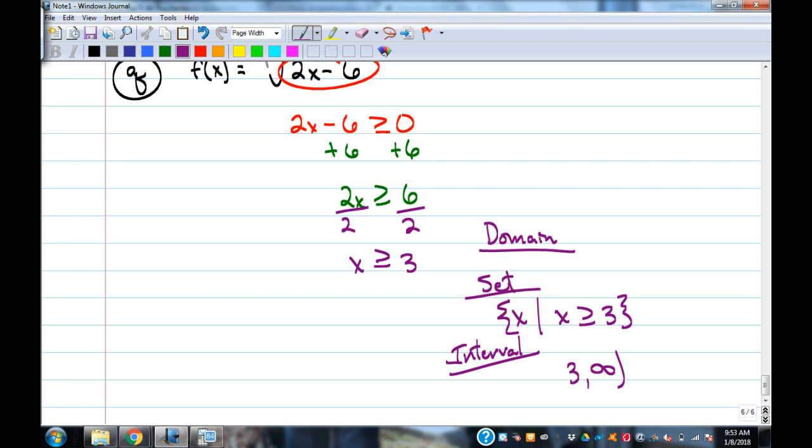That means 3 is included. In the past, when we were cutting out the numbers, they weren't included, so we put parentheses. So to include the 3 right here, we need to put a square bracket. That means the 3 is included. So this says start with 3, it counts, and then go all the way to positive infinity, and that's the interval notation for that.